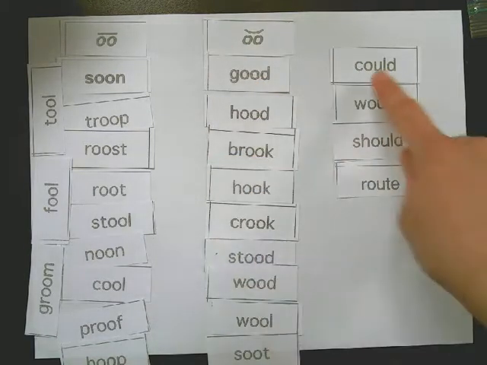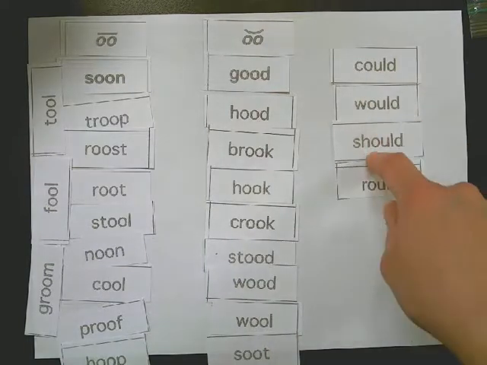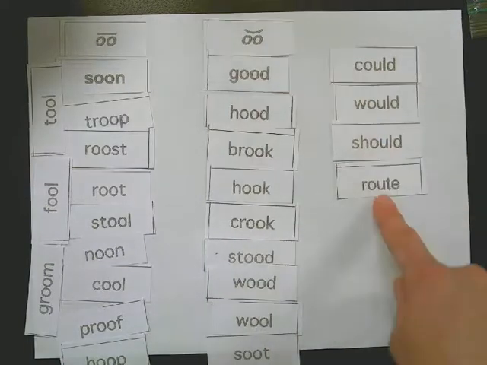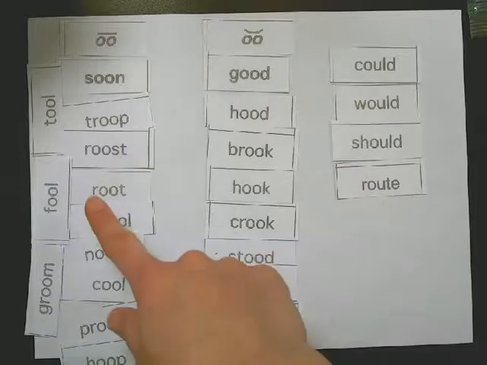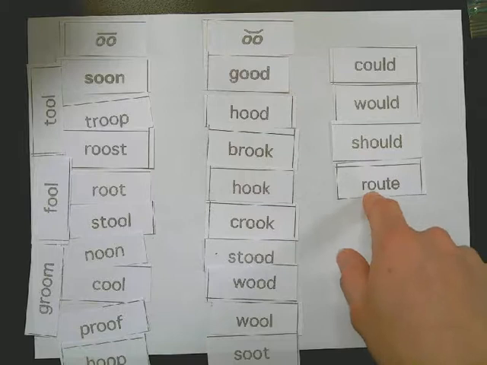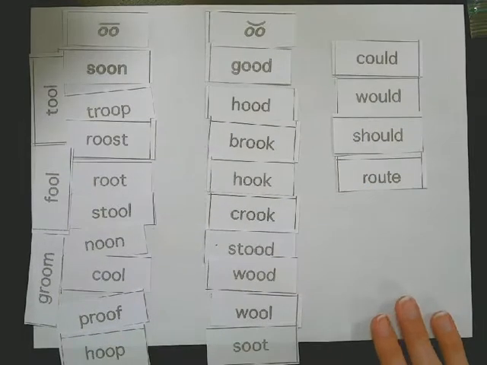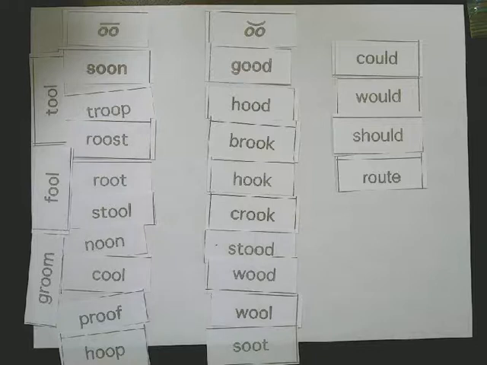And then we have four oddball words. Three of them have this sound but are spelled OU, like in could, would, should. And this word route has an OO sound, but it's also not spelled OO, it's spelled OU. Take a look and make sure that your sort looks like this. Practice saying the words to hear the different vowel sounds.